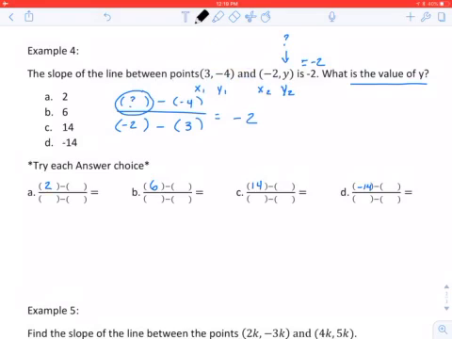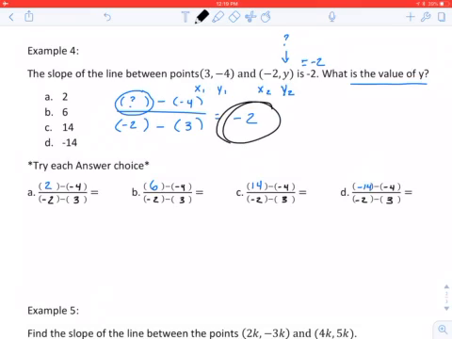We already know the values for those. So I'm going to go ahead and plug those in as well. So there's y1, x2, x1, and those are going to be the same in all of these. -4, -2, and 3.